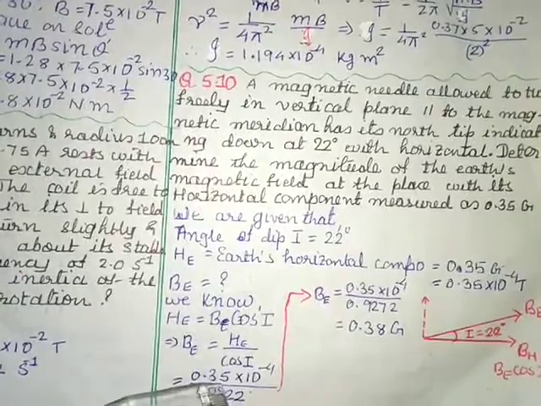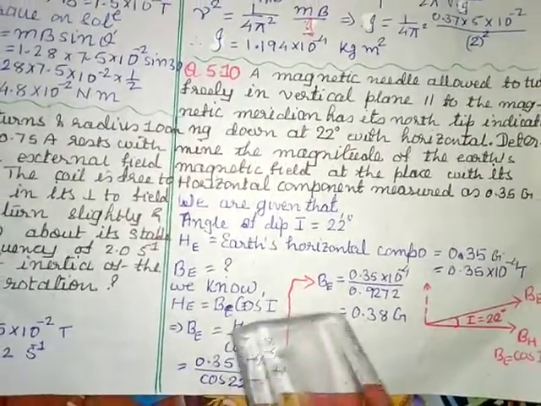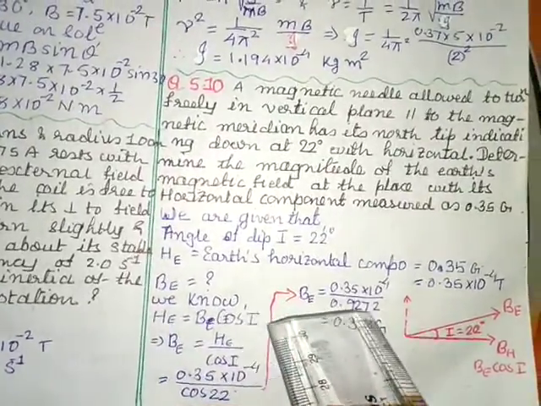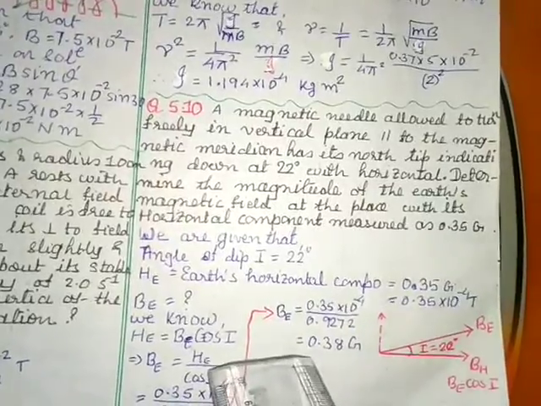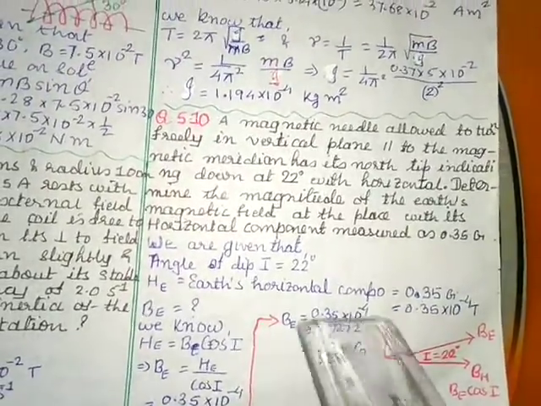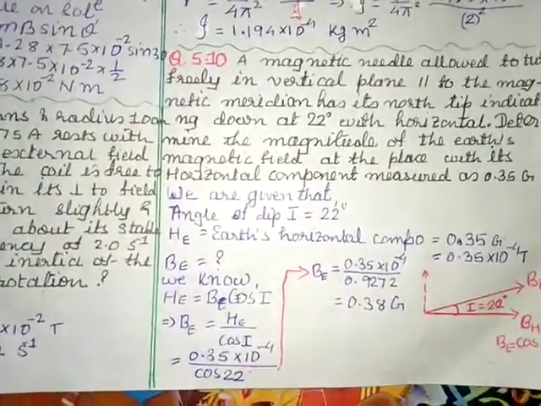HE is 0.35 into 10 to the power minus 4, cos 22 is 0.9272. Divide, and you get 0.38 Gauss. So this is the value of the Earth's magnetic field.